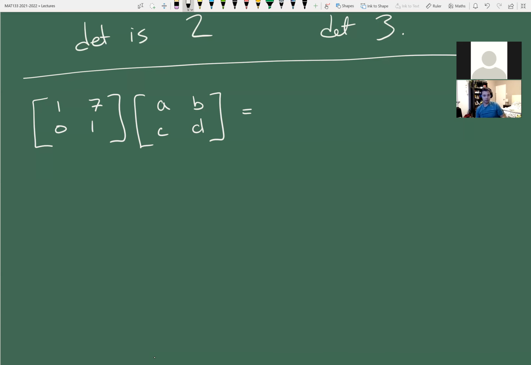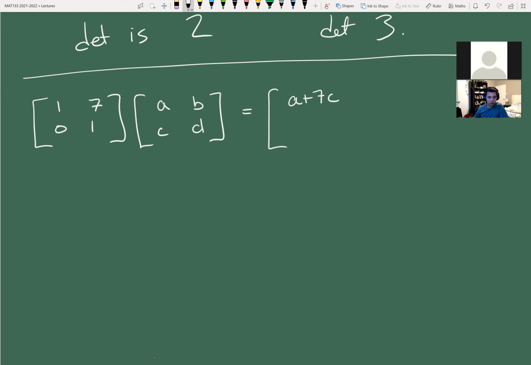But if we do this, what do we get? Okay, so A plus 7C, and it's a matrix product. Yeah, so we want a matrix product. So we get A plus 7C.